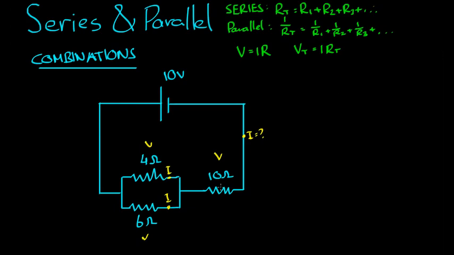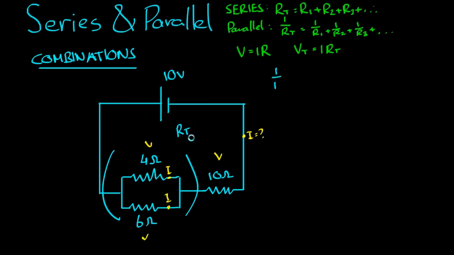So the first thing we do is try and collapse this little bit of parallel circuit down into what we can model as a series circuit. So the resistance here for this section, there's some total resistance. 1 on the total resistance for this section here.